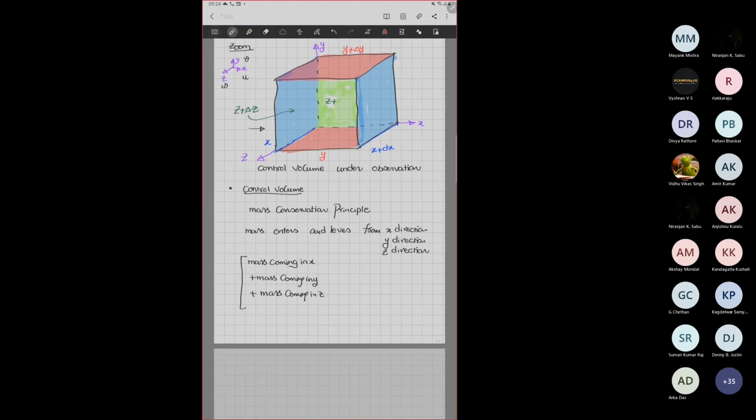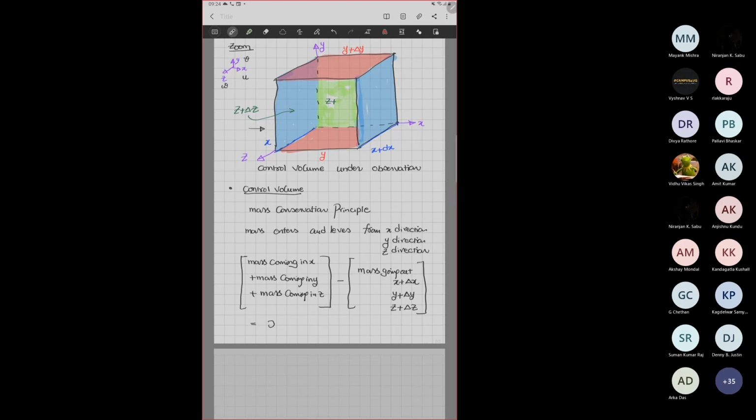This entire mass minus whatever mass is going out from x plus delta x, similarly going out from y plus delta y, similarly going out from z plus delta z. This entire stuff is supposed to be, within that control volume, how mass is getting accumulated.